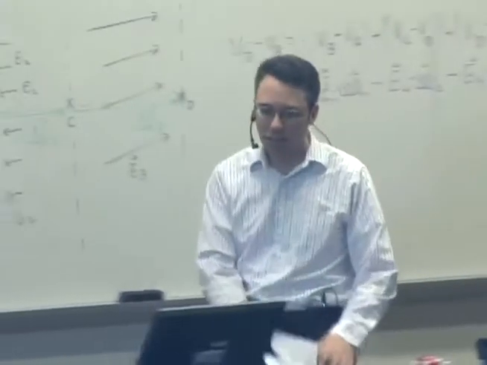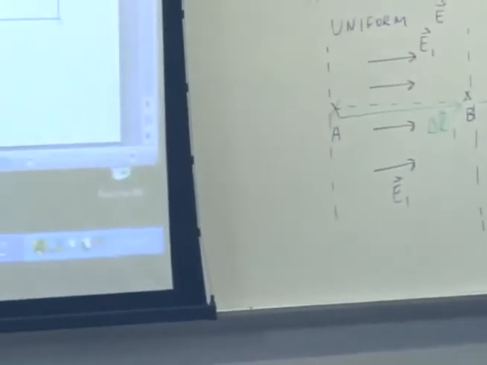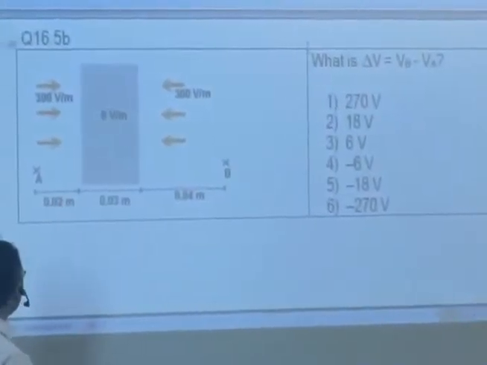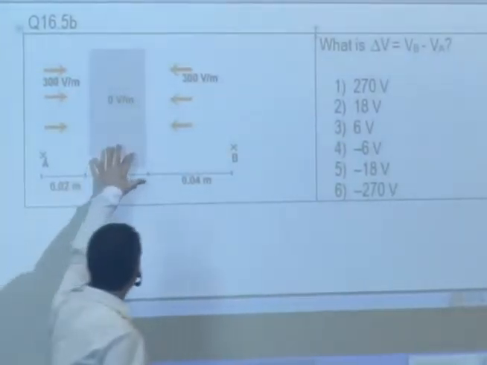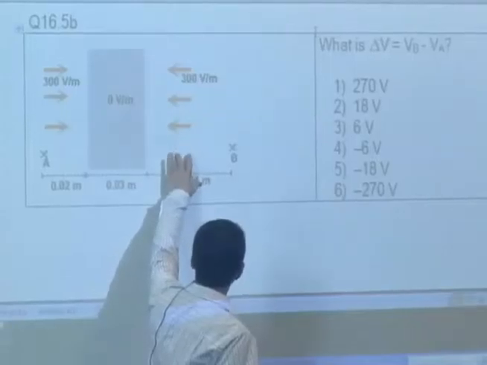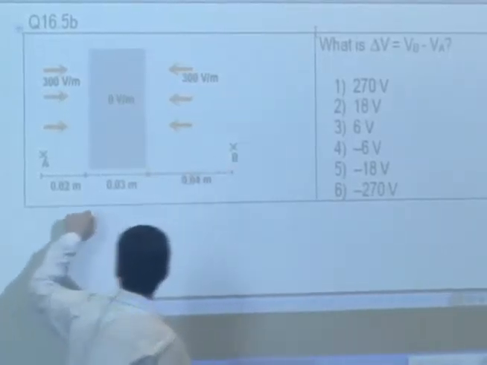Where would we see a situation like this? So we have some region of uniform electric field over here that is 300 volts per meter pointing in the positive x direction. And then we have some region here where the electric field is 0, and some region here where the electric field is 300 volts per meter pointing in the negative x direction.